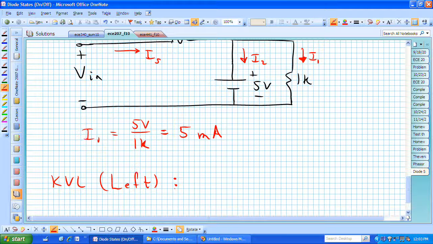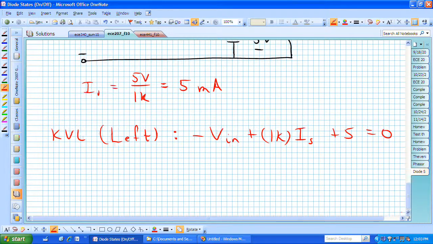So around the left branch or mesh, we have minus Vn plus 1K times I sub s plus 5 is equal to 0. Well, Vn we're going to say we have control over. I sub s is the variable that we're trying to solve for.